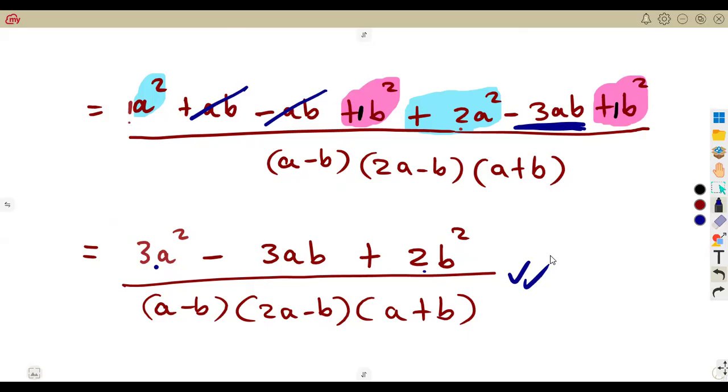So in other cases, you see that after you've simplified like this, there is a part which is maybe common, a bracket which is common. You divide. You can cancel those brackets. But in this case, it is not like that, guys. So this is your final answer.